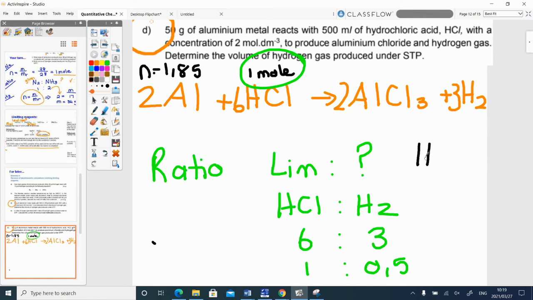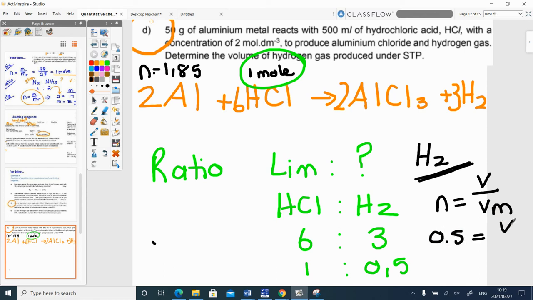You write, I'm working with H2. They said volume, so now we're going to say n is V over Vm. I have my moles that I've just worked out. 0.5 is V over 22.4.